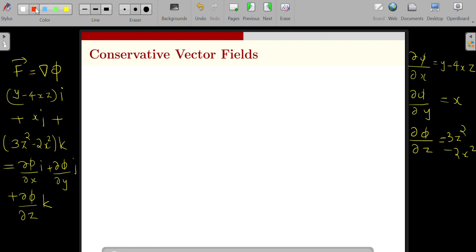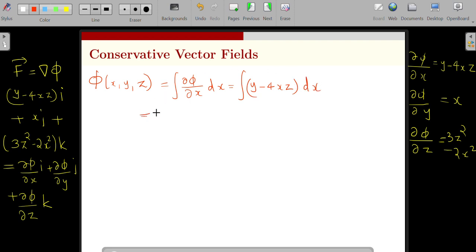Just like the previous problem, you integrate dou phi by dou x with respect to x. You will get phi of xyz equal to the integral of (y minus 4xz) dx.